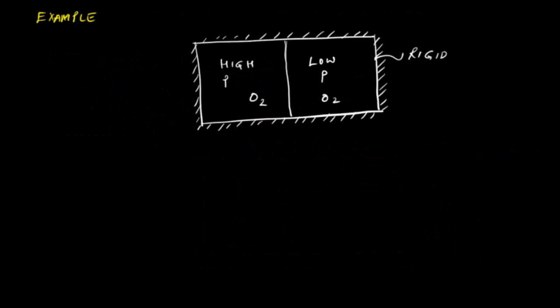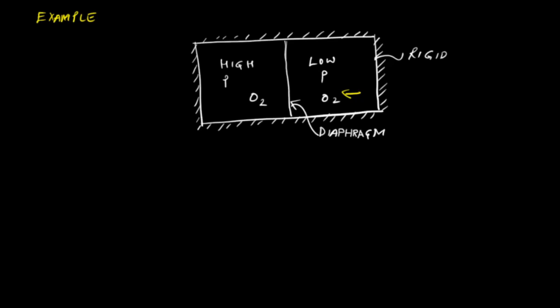Finally, let's look at an example, and you can tell me what the answer to this question should be. Consider that we have a rigid cylinder over here, which is partitioned into two chambers by this diaphragm. One chamber is filled with high pressure oxygen, and another chamber is also filled with oxygen but at a lower pressure.